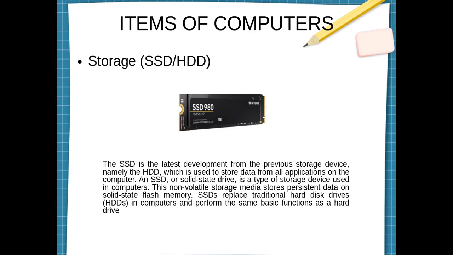An SSD or solid state drive is a type of solid storage device used in computers. This non-volatile storage media stores persistent data on solid state flash memory. SSDs replace traditional hard disk drives in computers and perform the same basic function as a hard drive, but SSD is faster than HDD.